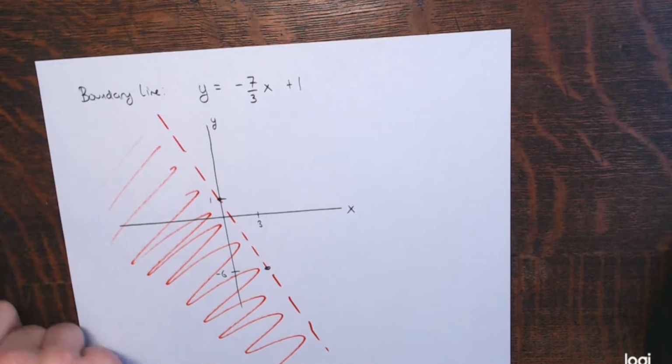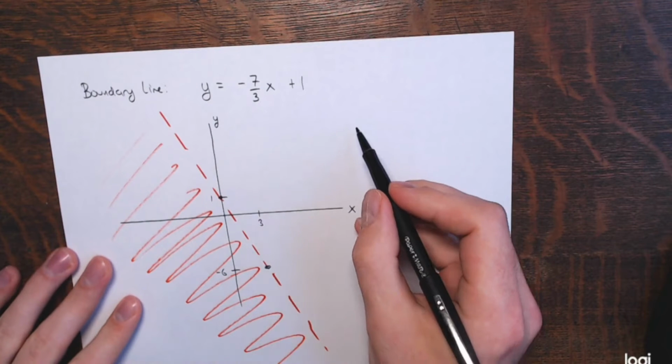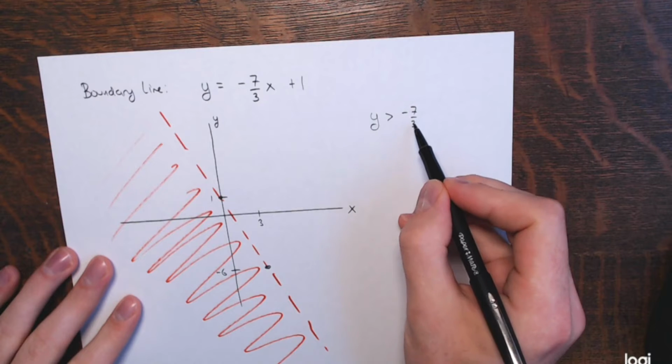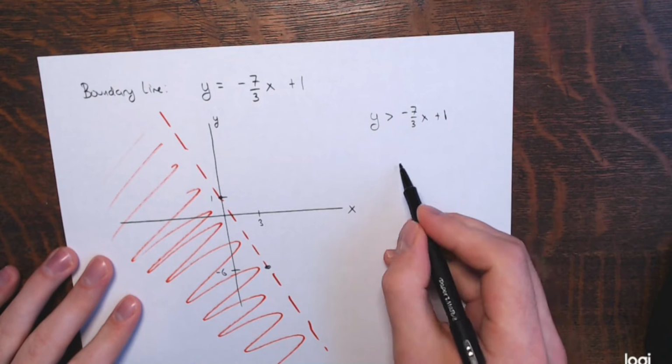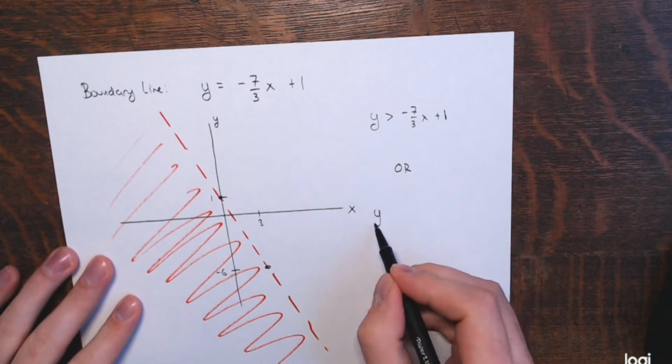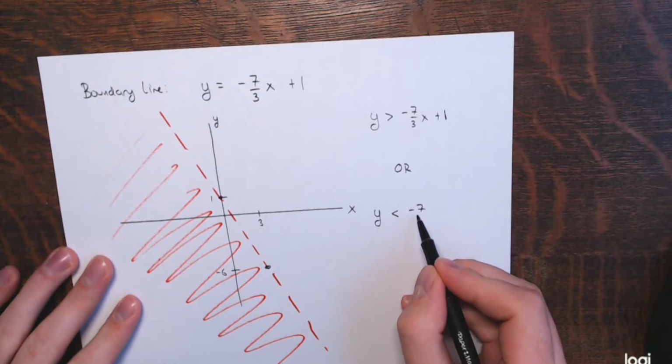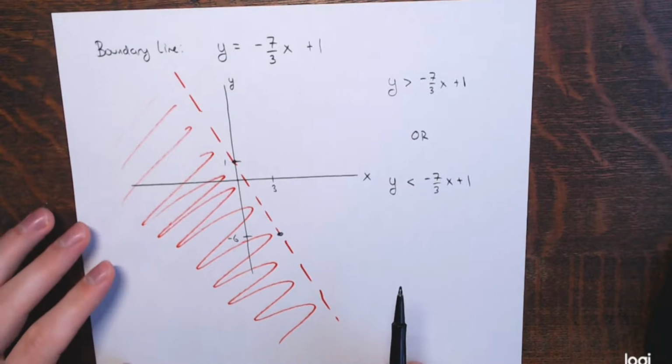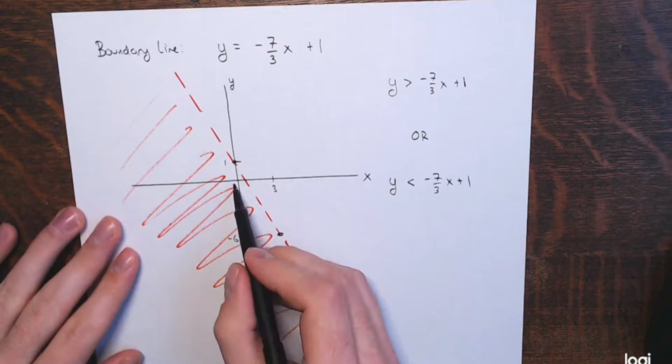So because it's a dashed line, it's going to be either y is greater than negative 7/3 x plus 1, or it's going to be y is less than negative 7/3 x plus 1. And again, just pick a point in the solution area and see which one it satisfies. An easy one would be 0, 0.